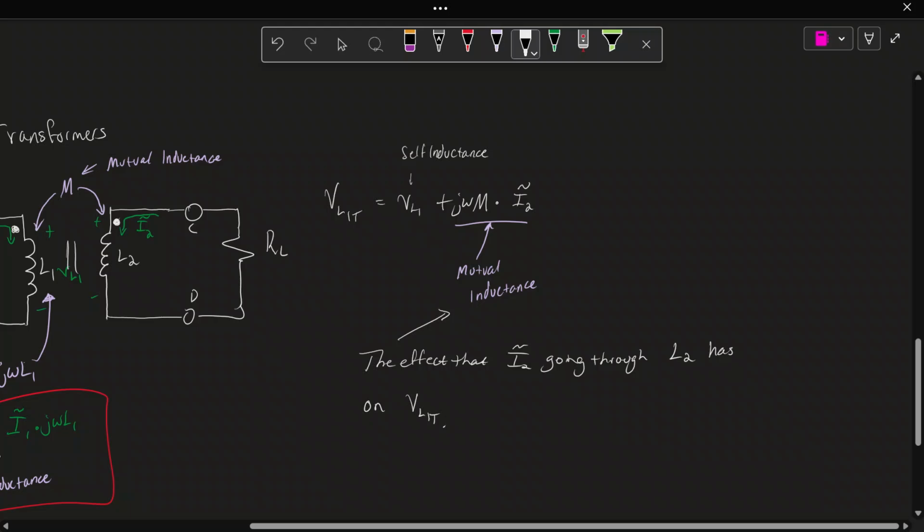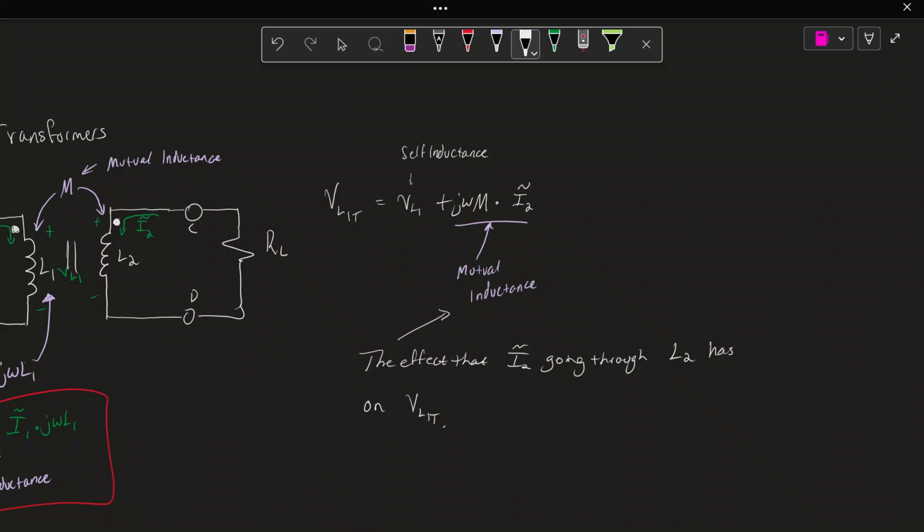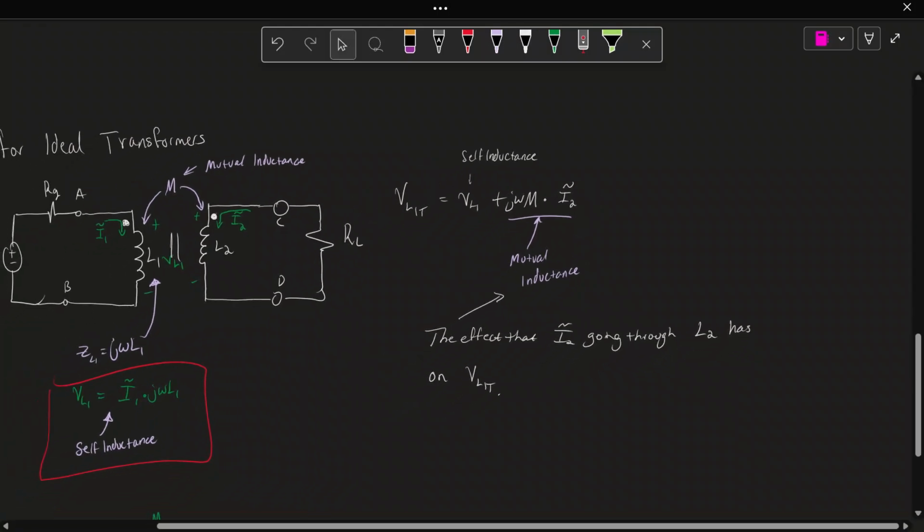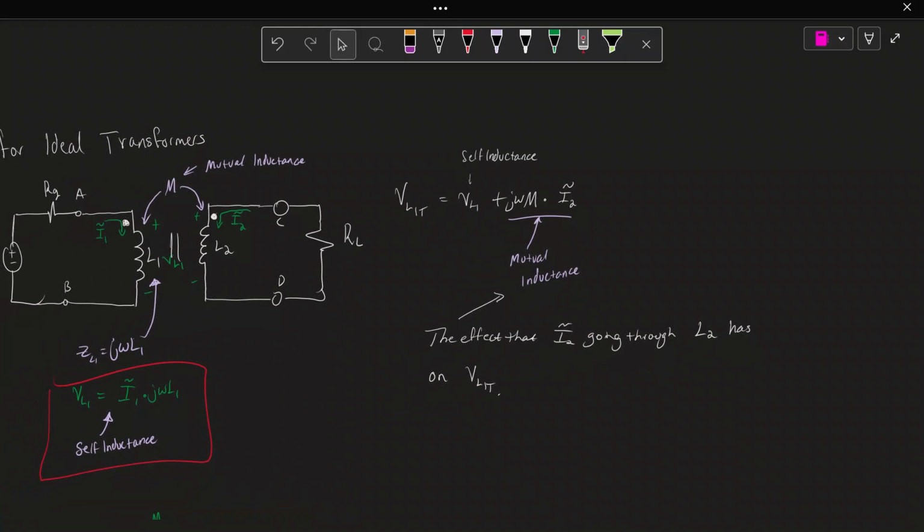Because there's a current flowing through, a time varying current, remember this, a time varying current flowing through the inductor L2, it will create a magnetic field that induces a flux and induces an EMF, which is an electromotive force, across L1. So there will be an effect on L1 from the current flowing through L2.